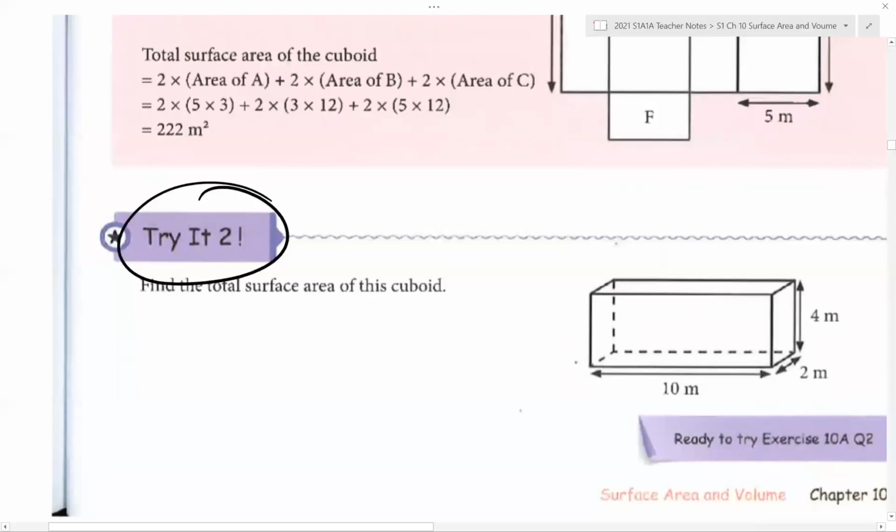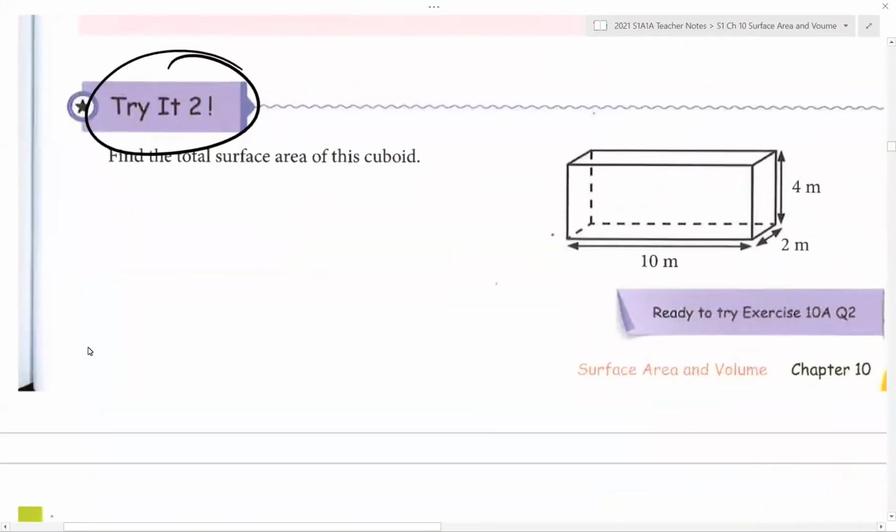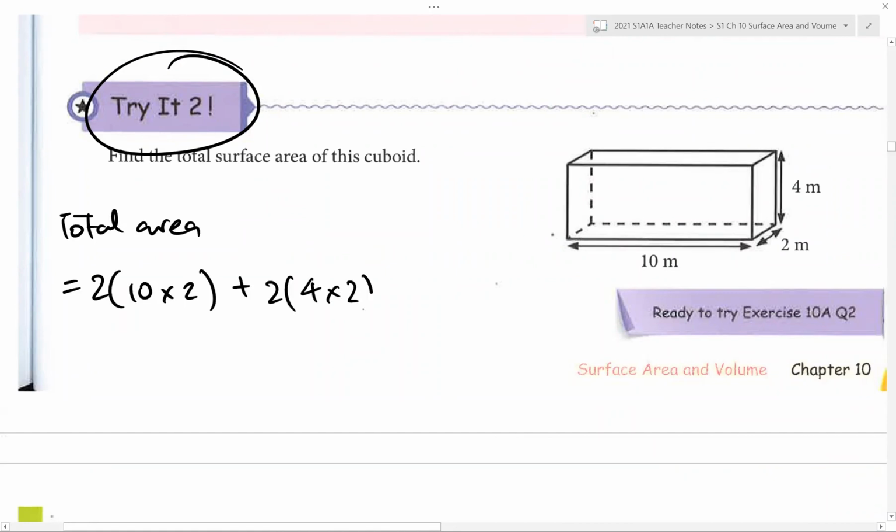So this was where you left off just now. I need answers. 136. How do you get 136? Okay, can you tell us the calculation, Brian? 10 times 2, 4 times 2, and then 10 times 4.